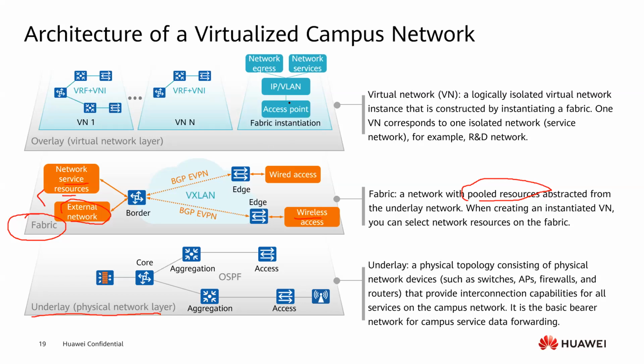And for each VN, you will need to design the access point, that means the specific service VLANs for the users to access and connect to the VN, and the network egress and network services that the VN can access. All of the resources have been pre-configured in advance by the fabric layer. So this is the architecture of the network layer of the Cloud Campus solution-based campus network.